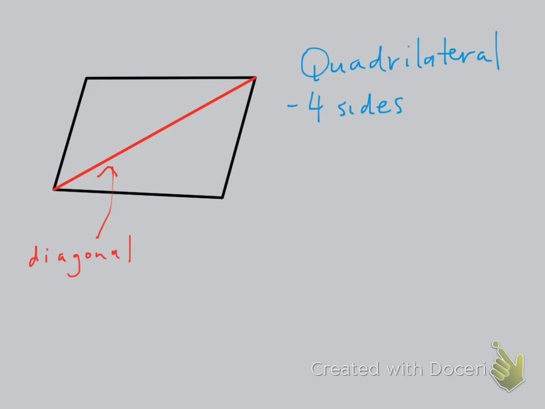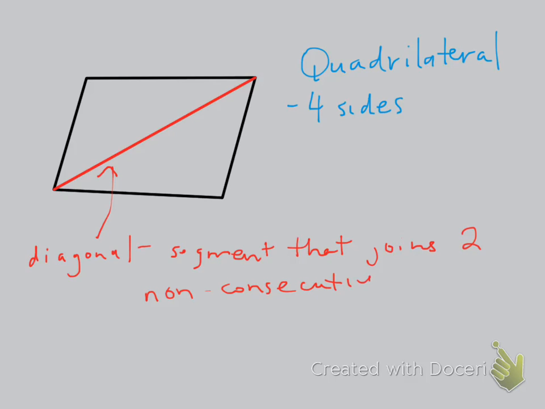And a diagonal, for our definition purposes, is a segment that joins 2 non-consecutive vertices.